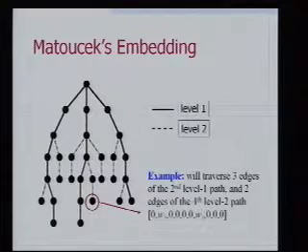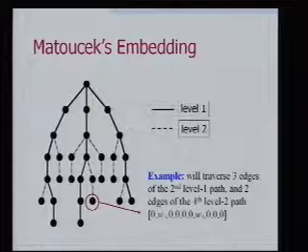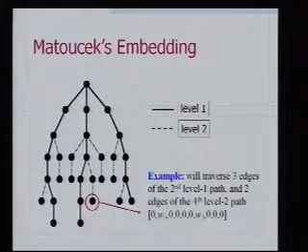Okay? Now, we strip away the level 1 paths, and now we have 3 level 1 paths, and we have 1, 2, 3, 4, 5, 6, 7 level 2 paths. Okay? So the dimensionality of our embedding is going to be 3 plus 7.